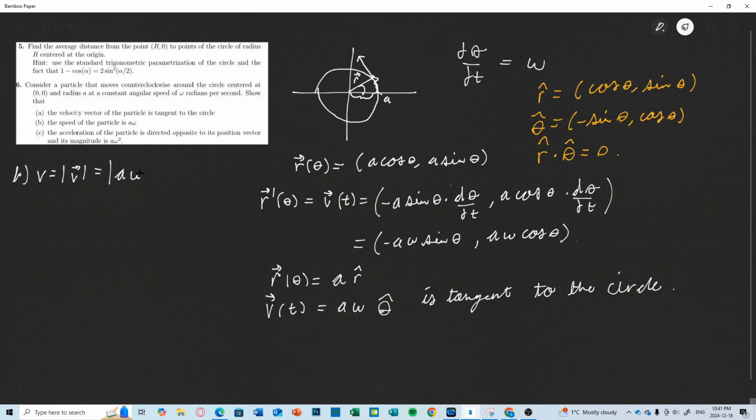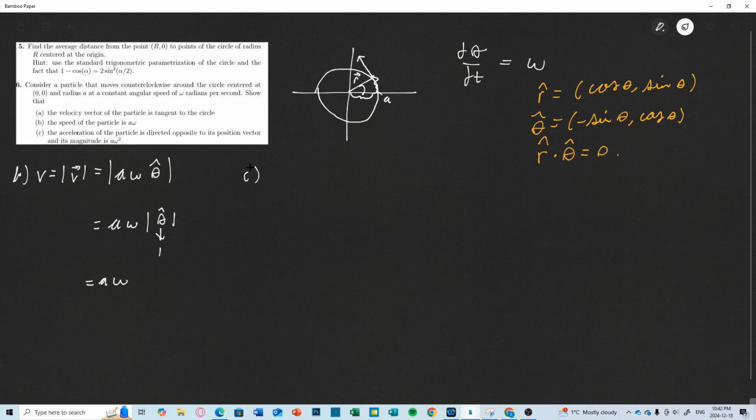So if we have our a omega and our unit vector, to take the magnitude, we have to square and square root our function. But if we square and square root this term, this will just become a squared square rooted, which just becomes a, and then omega squared square rooted, which just becomes omega. But if you remember what unit vectors are, when you take the magnitude of a unit vector, since it's a unit vector, it's just equal to 1, meaning that our speed is in fact just a omega.